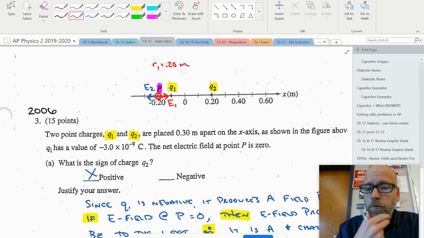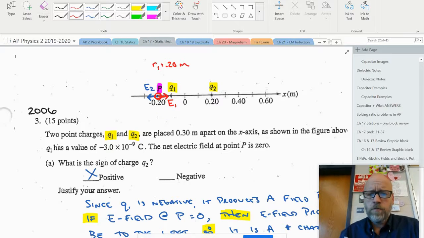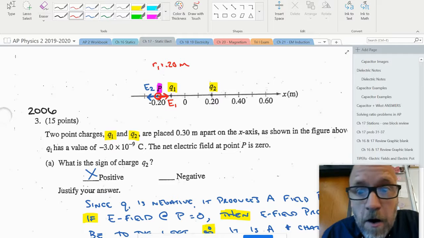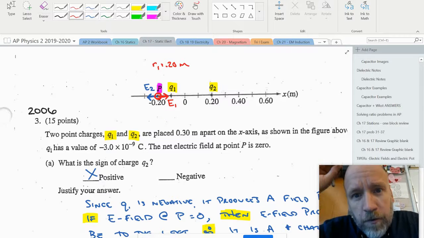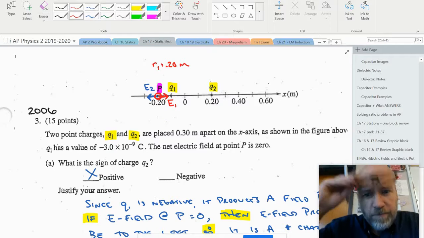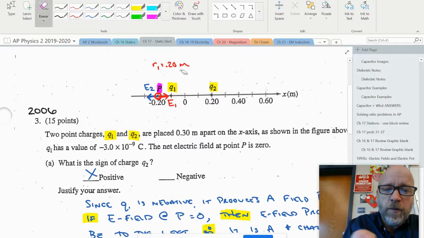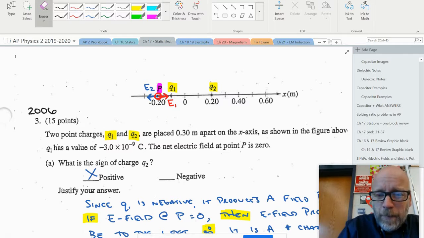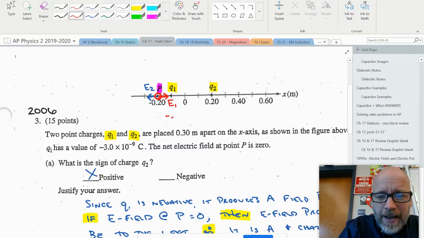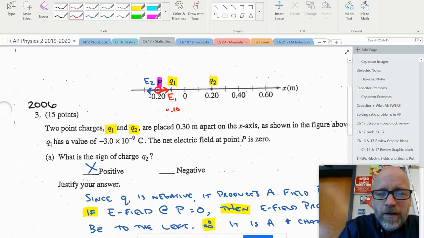Now Q2, wait, is that 0.2? Who else besides Emma caught that? It's not 0.2. It's at 0.2, but Q1 is at negative 0.1. So this R1 is simply 0.10 meters.